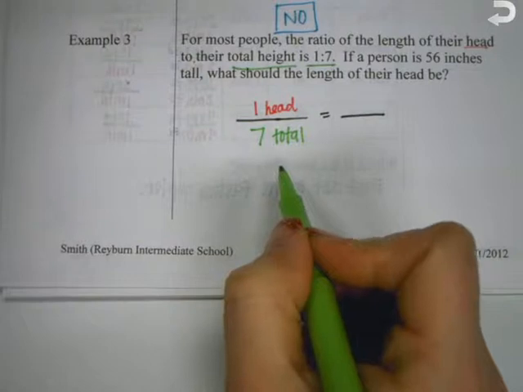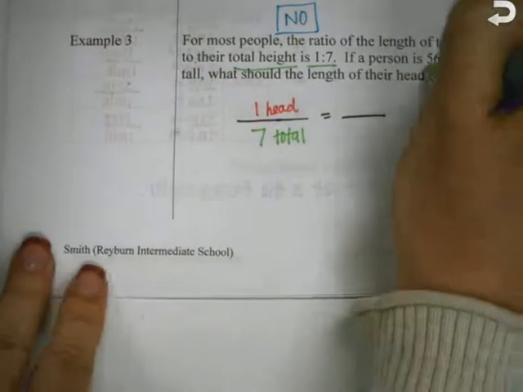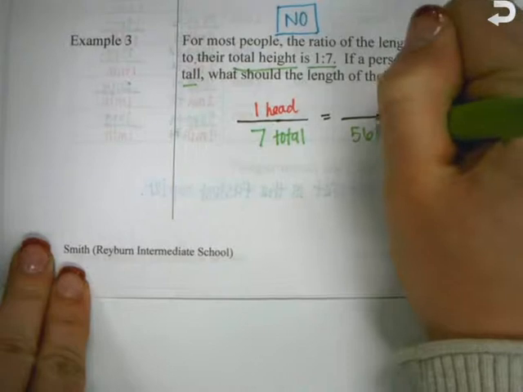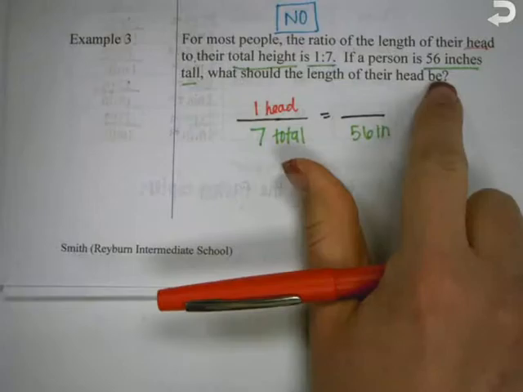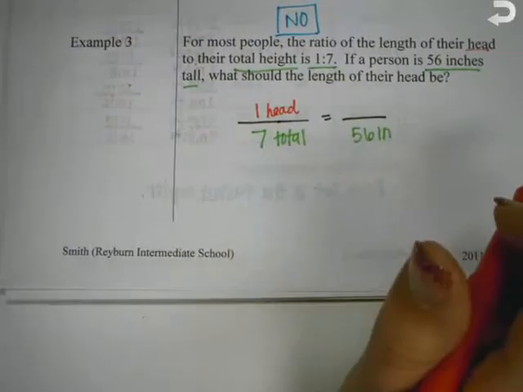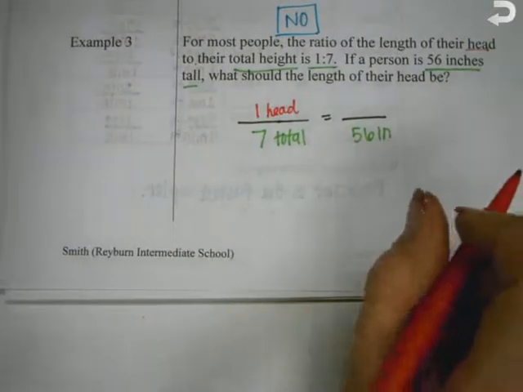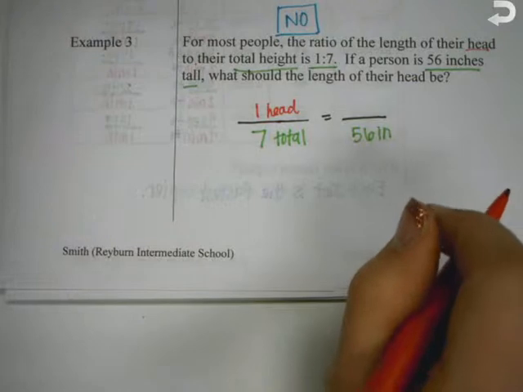So let's put 56 inches here. Do we know what the length of their head is? No, it's going to be a variable. What variable do you want it to be? H? H for head? Okay.